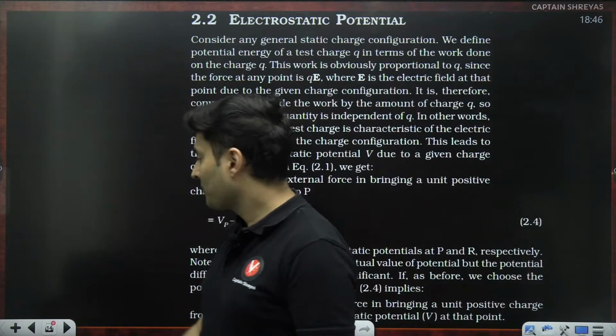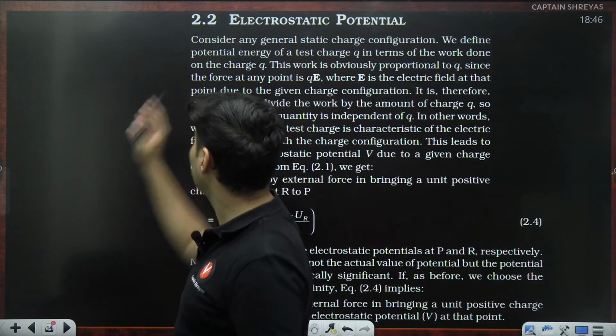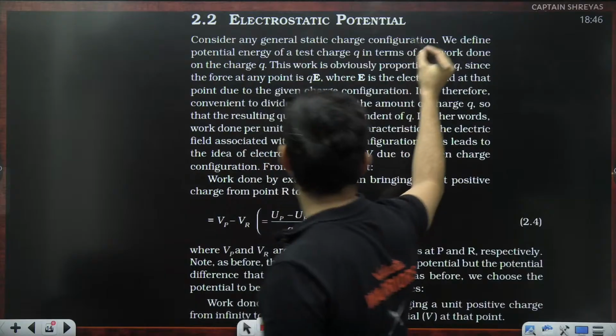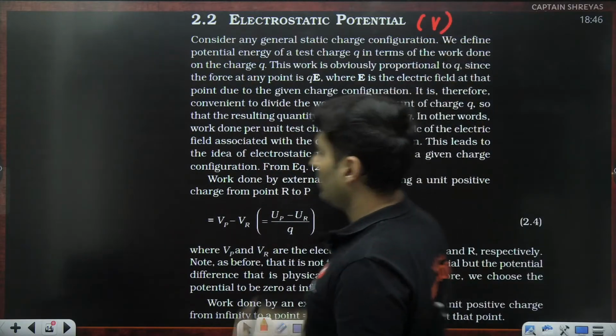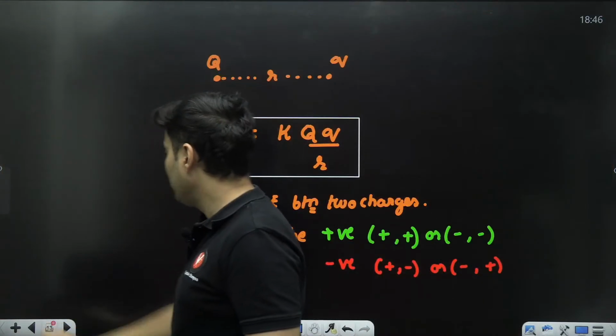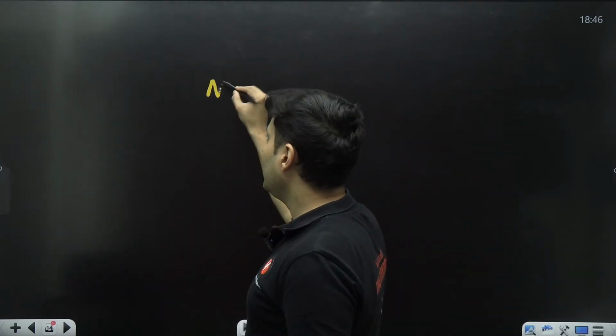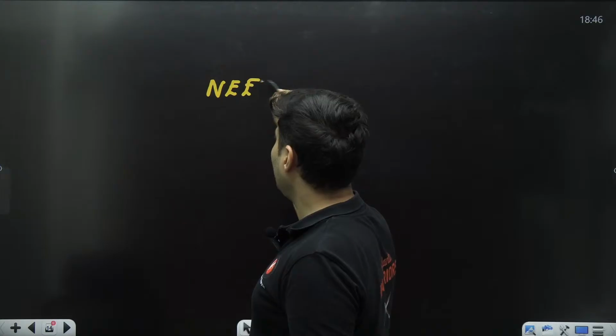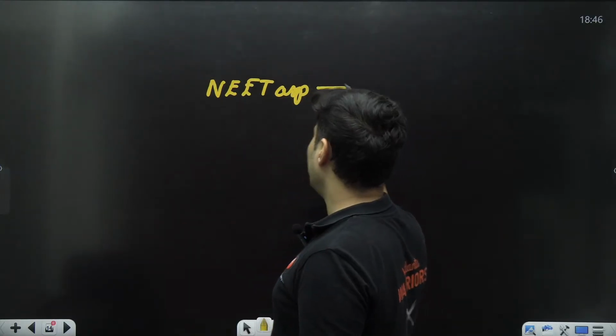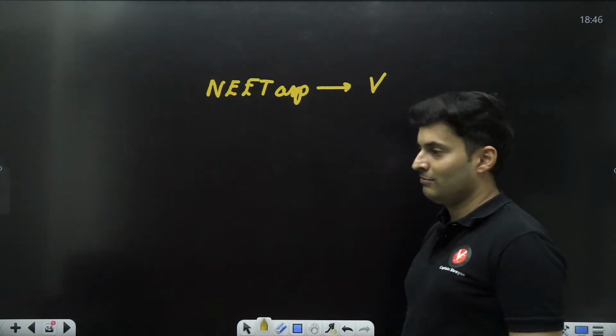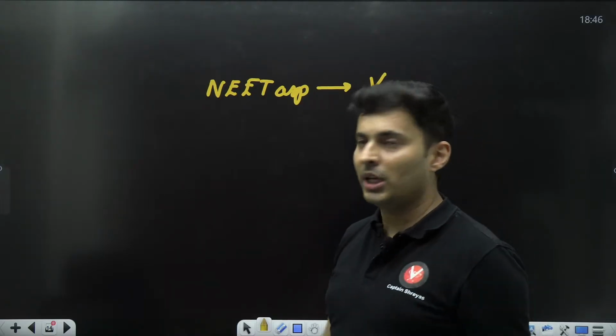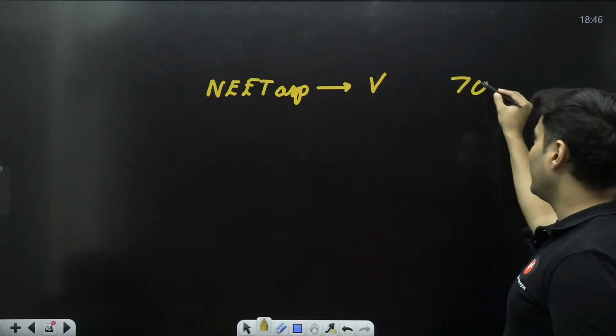Another way of simply putting it, by the way, the symbol of electrical potential is V. If you ask me, every NEET aspirant right now has potential. Everybody has that potential to score 700 plus.